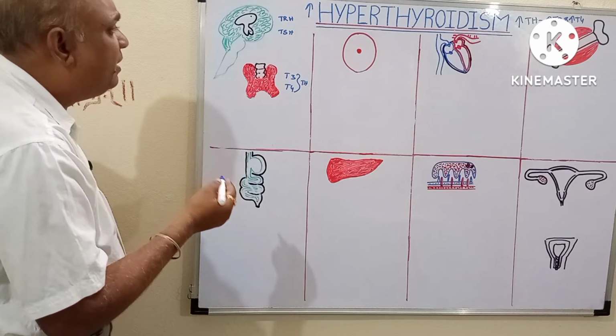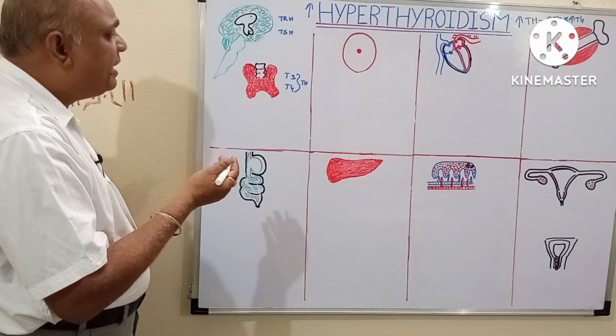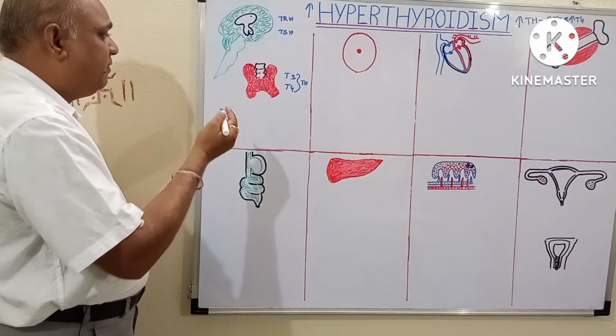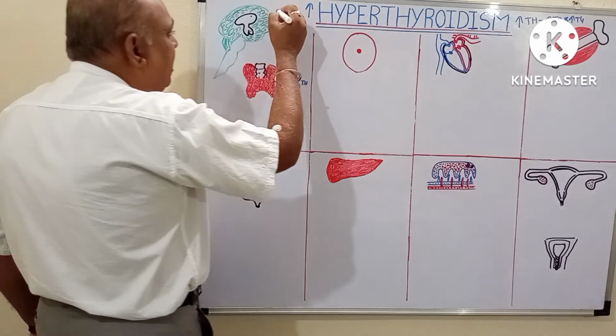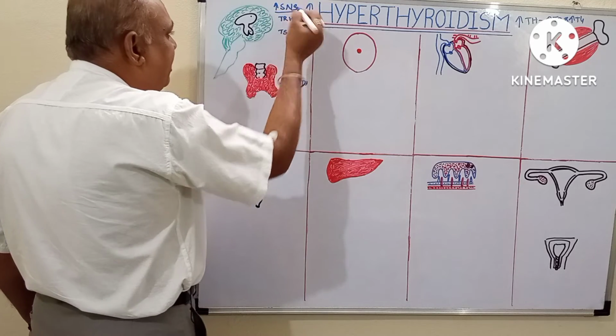Now let's have a glimpse of hyperthyroidism clinical features. The increased thyroid hormone level will affect the brain by increasing the sympathetic nervous system activity.